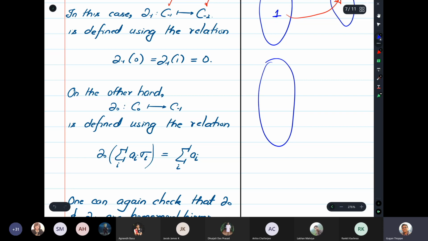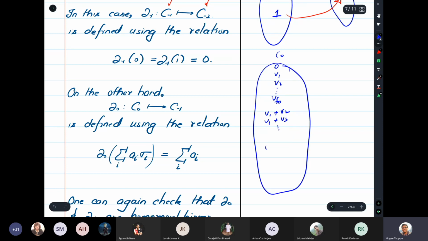C0 is the set of all your zero chains. So it has 0, V1, V2, and so on, up to V_{f0}. Then you have V1 + V2, then V1 + V3, and so on, and finally V0 + V1 + ... all the way up to V_{f0}. So you have all these different zero chains.